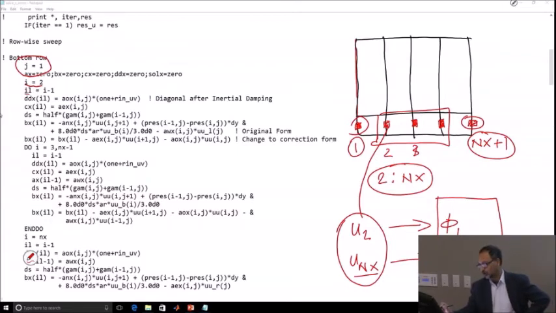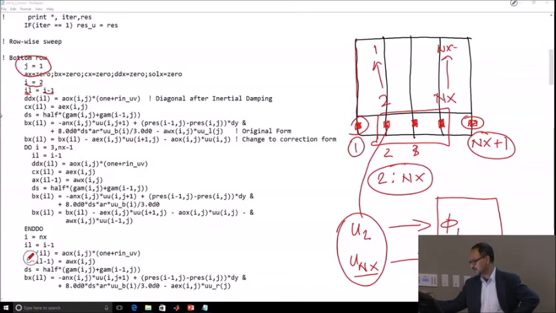I'm creating a local index, which is i minus 1. So if this is my u2, that actually becomes my unknown 1, okay? If this is my unx, that actually becomes my unknown nx minus 1. So this IL is a local index that I'm using only for my tridiagonal solver, okay? So that's what I'm doing here.